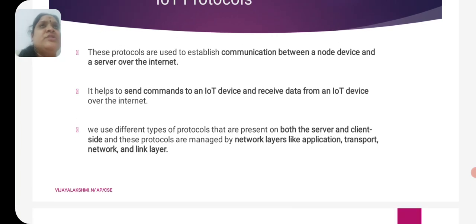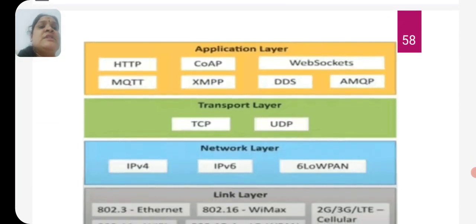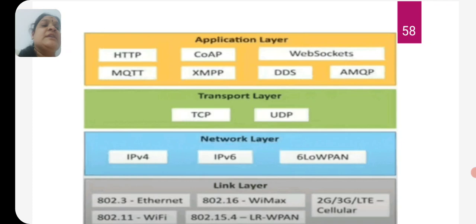Different types of protocols are used in IoT, on both the server and the client side, and these are managed by the network layers like application, transport, network, and link layer. So, what are some of the application layer protocols? HTTP, CoAP, WebSockets, MQTT, XMPP, TDS, and AMQP.